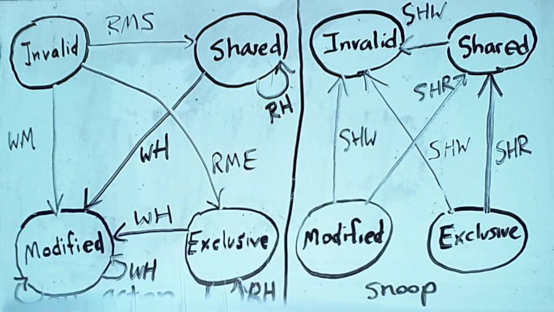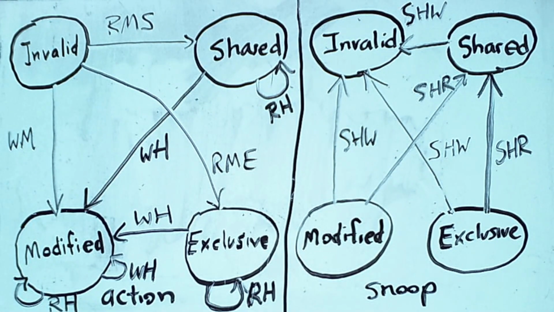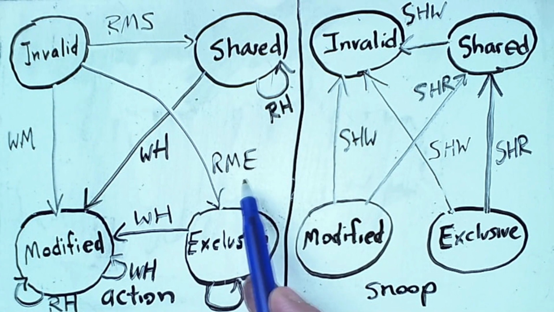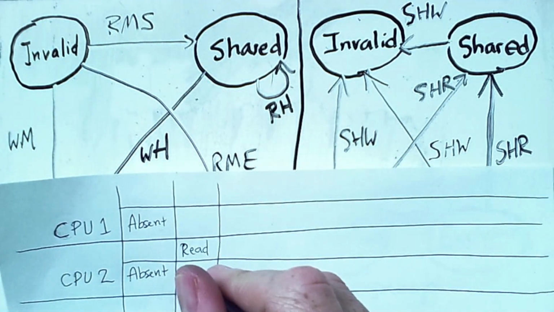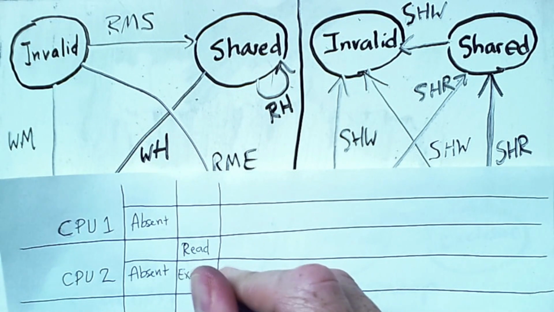So I said that going from being totally absent was sort of like being in an invalid state. So if CPU 2 reads the data, and currently no other caches have that data, that will be a read miss exclusive. So that means CPU 2 will end up with that data in an exclusive state.